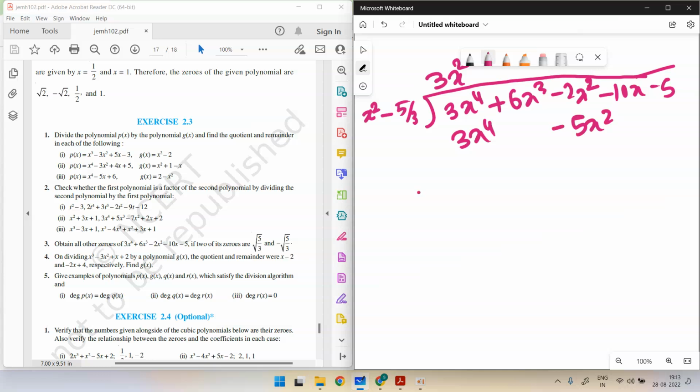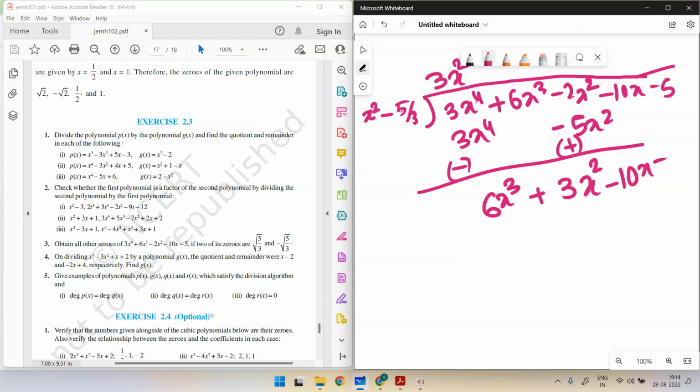If you subtract, this is minus, this becomes plus, and this thing becomes cancelled. So the answer will be 6x cube, plus 5 minus 2 is 3x square, minus 10x minus 5.